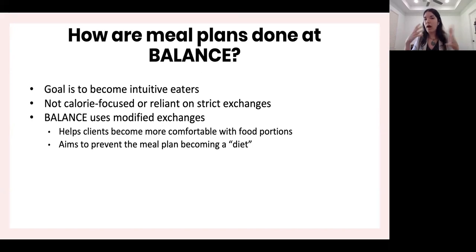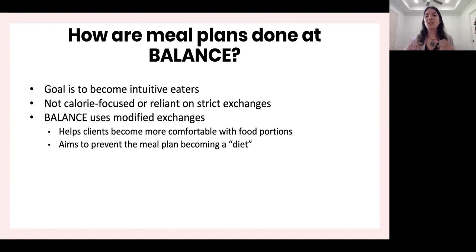We are trying to eyeball portions. And it's something we teach our clients. It's not something we expect everyone to know. It is a learning process, and it can take some time to get in tune with that. Because the idea is that when our clients are done with treatment or working with us, we want them to be able to go to a restaurant with their friends or to a meal with family and not have to think, oh, okay, I need to bring my measuring tools.